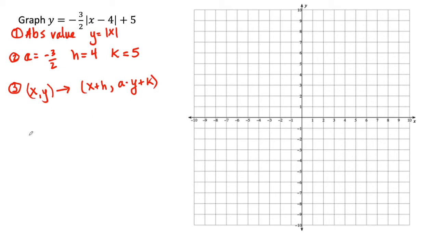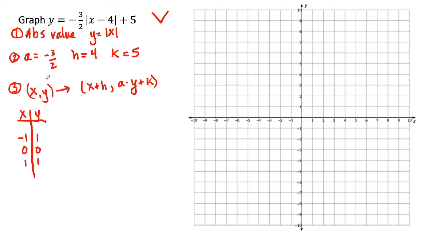And so the way I do this is I make a table. And so the left side here, this is for my parent function. And so if you remember our parent function, we had 0, 0 is where the vertex would be. And we knew that 1, 1 was on it, and we knew negative 1, positive 1 was on it. We know that this looks like a V.